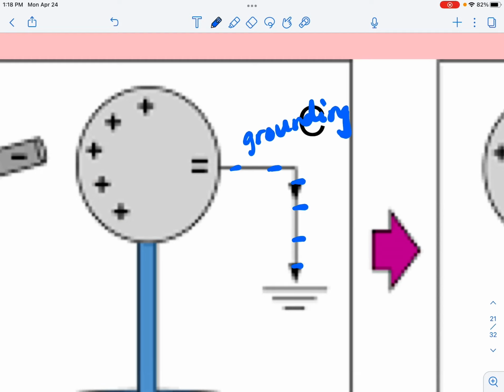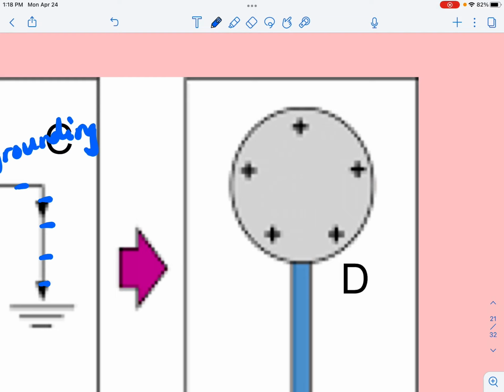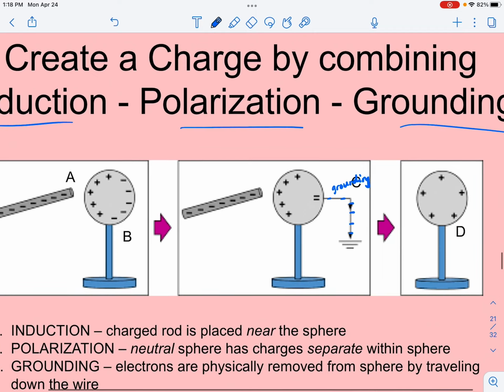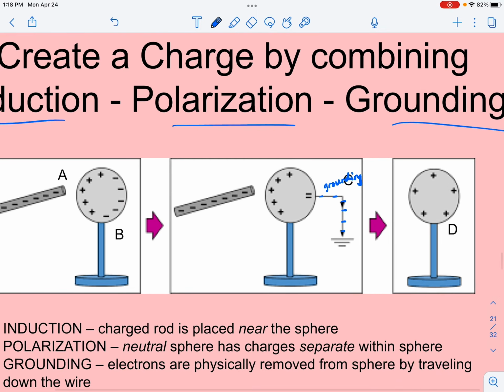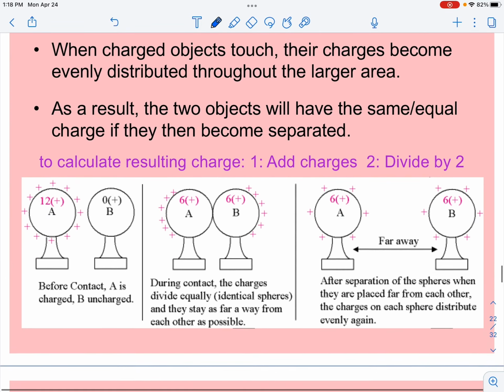The electrons will move onto the wire, and then they have left the sphere. So as a result, the sphere is permanently left positively charged because it is lacking electrons, okay? So make sure you understand what moment we are focusing on when we talk about grounding. Okay.